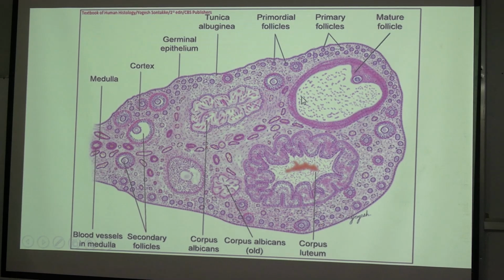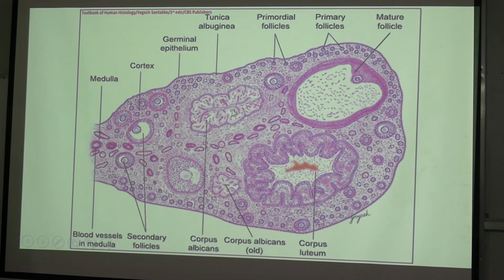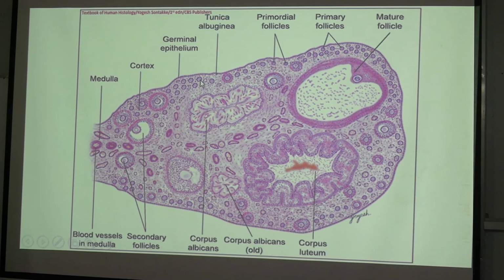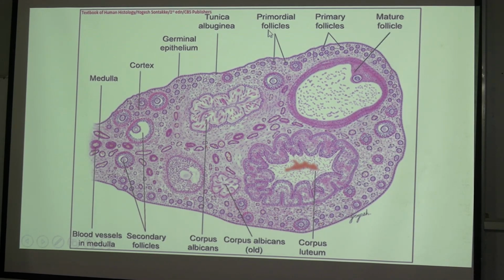We do not see any nucleus or oogonia at this stage. So we have the different stages of maturing ovarian follicles present in the cortex, and each has a different stage of life cycle it is going through. Now we take up the smallest one, which we call the primordial follicle.